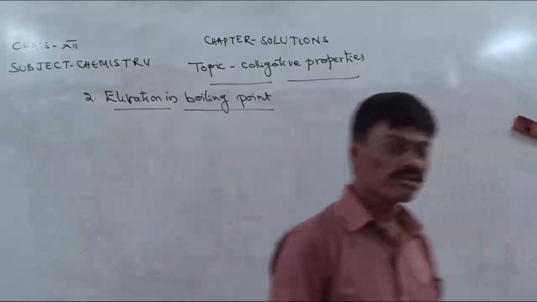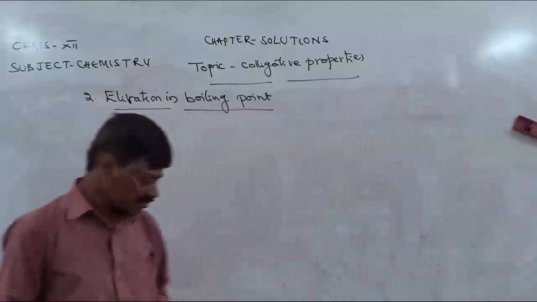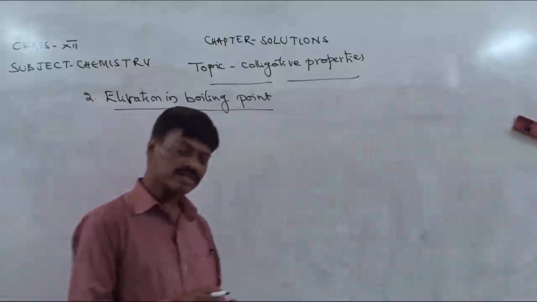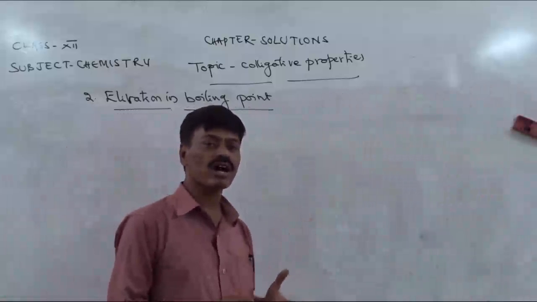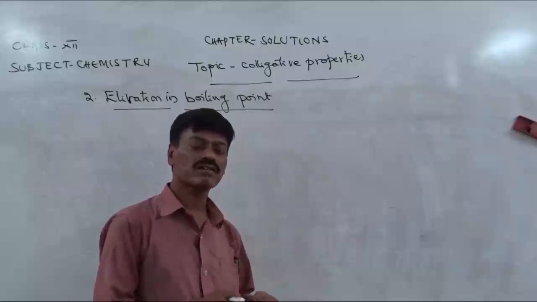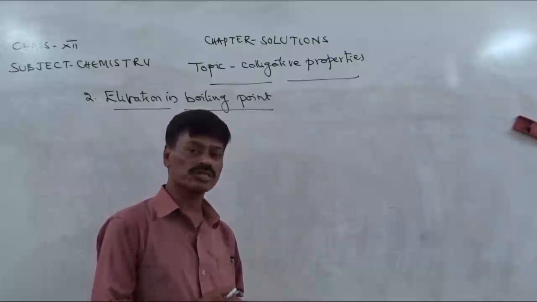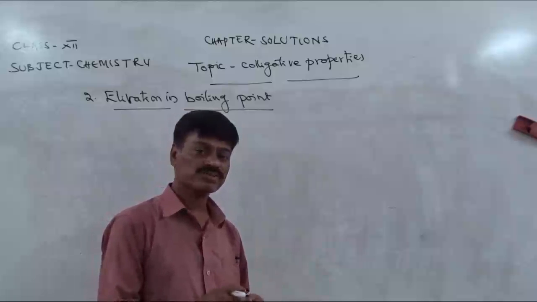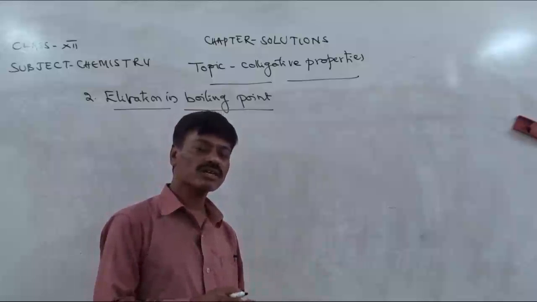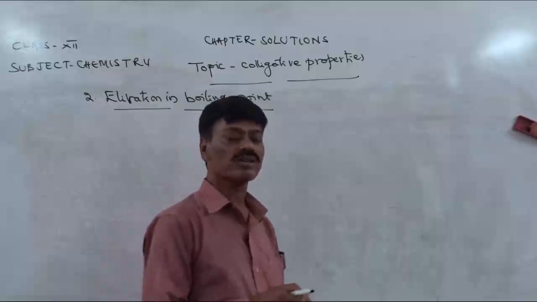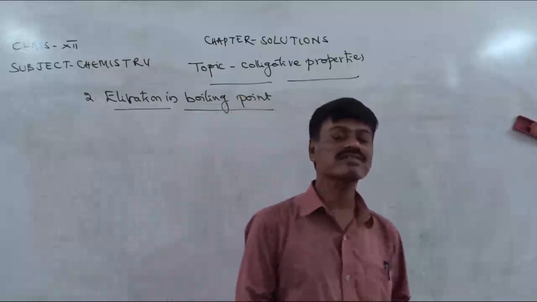Let us, if you take pure solvent, it has a particular amount of vapor on its surface, and if we dissolve a non-volatile solute in that solvent, that non-volatile solute will bring down the vapor pressure of that solvent.